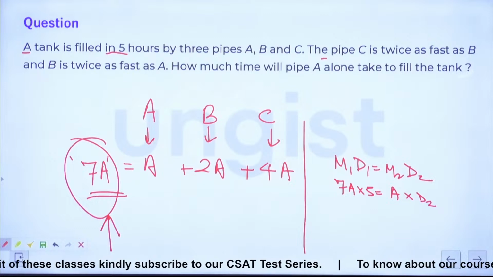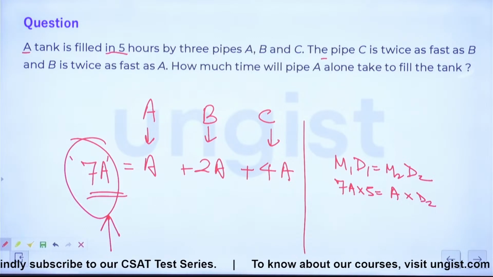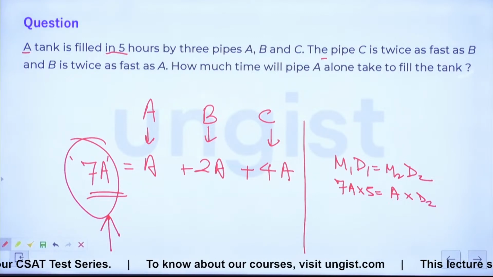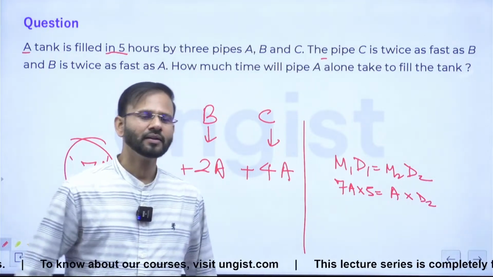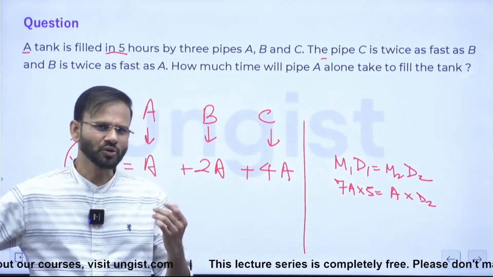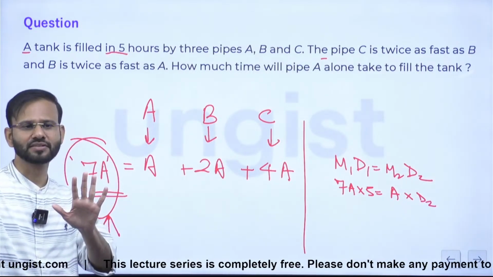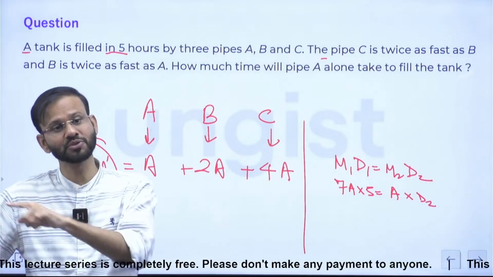Everyone fine now? See, if you don't want to do M1D1, then also, 7 times A is working and taking 5 hours, so when only A is working, it will take 7 times the time.